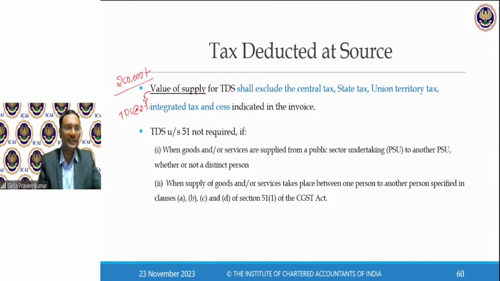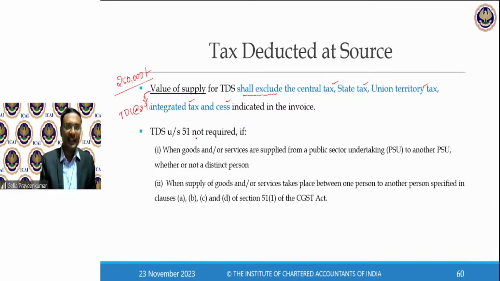When I have to calculate this contract value, this value shall exclude CGST, SGST, UTGST or IGST and cess. So in examination, if there is a question, you need to understand that only for the contracts where the value exceeds rupees 2,50,000, you need to apply TDS.